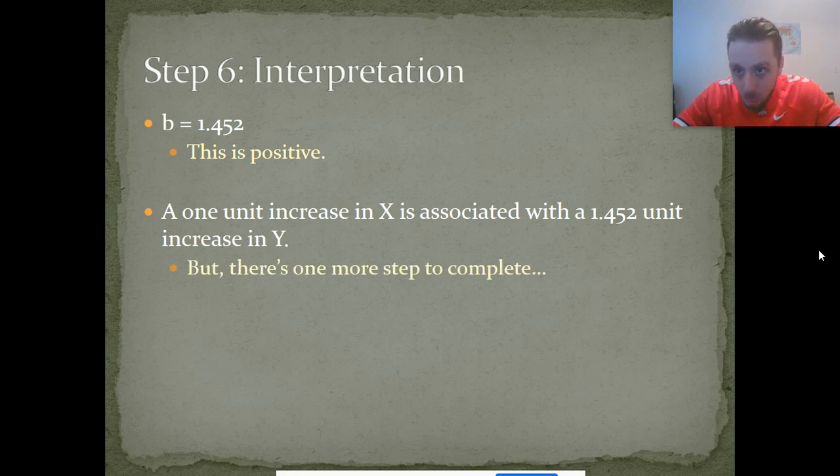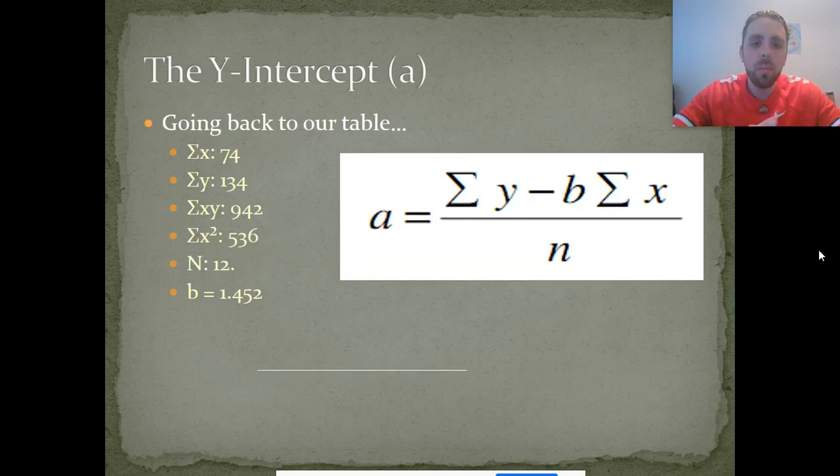But there's one more step that we must complete. You will remember that A was a component of the equation that would allow us to calculate Y. A, the y-intercept, is what I was talking about there. So going back to our table, same parameters, but I'm going to use A as my outcome here.